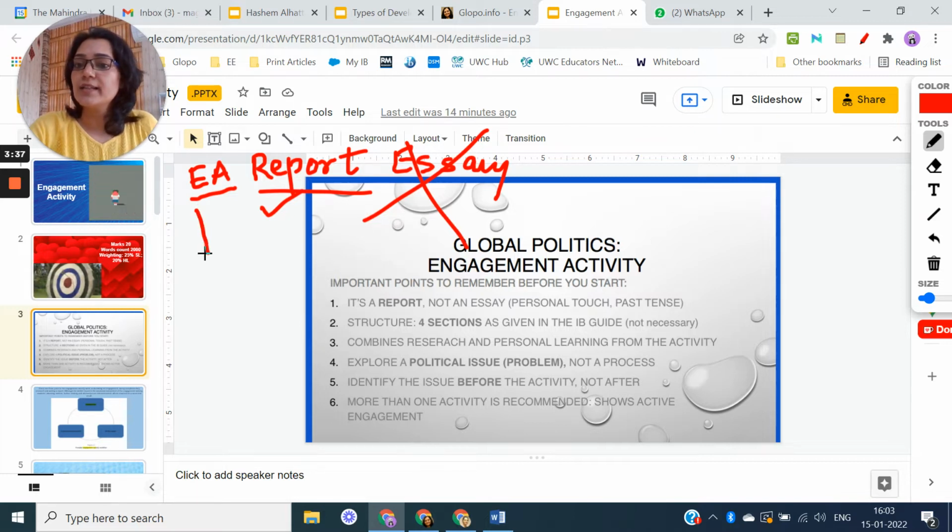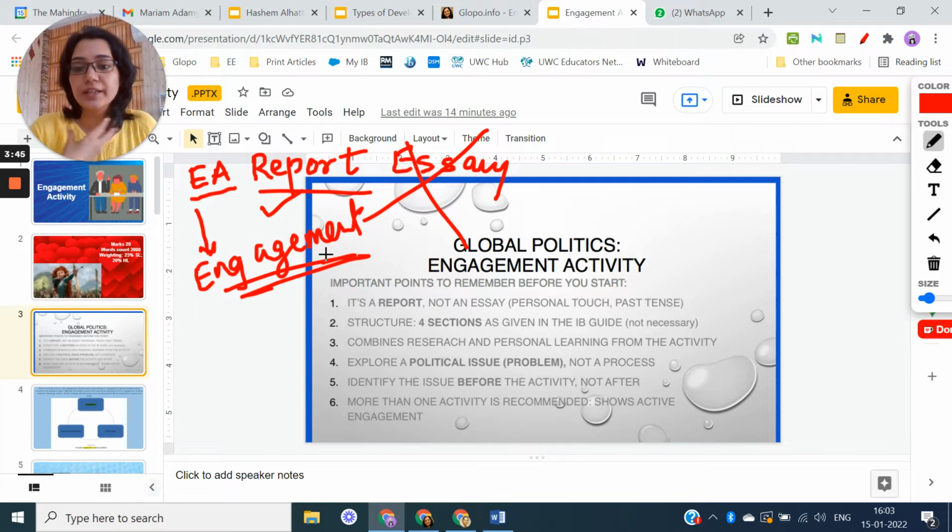Number two, as the name suggests, engagement. Engagement means that it is highly recommended that you are engaged in your own report. Whatever you are writing, you are engaged in that activity, you are producing a kind of active work.